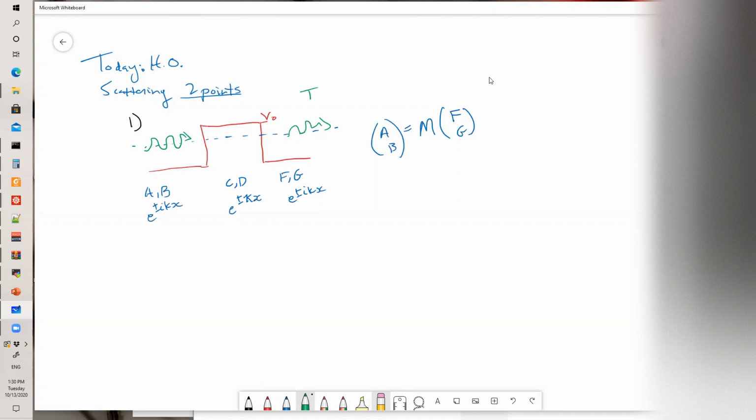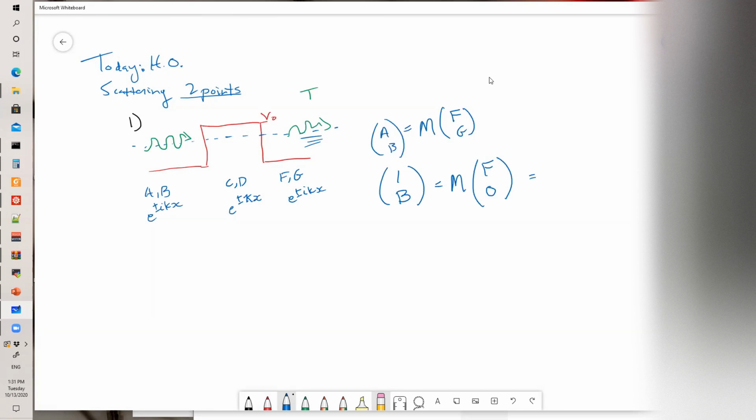In the usual thing we do, we set the incoming wave amplitude to 1, and the B part is the reflected portion. Then we have this matrix M, and we know that out here we only want the transmitted portion, that we don't want anything coming in from positive infinity. So we set G equal to 0.